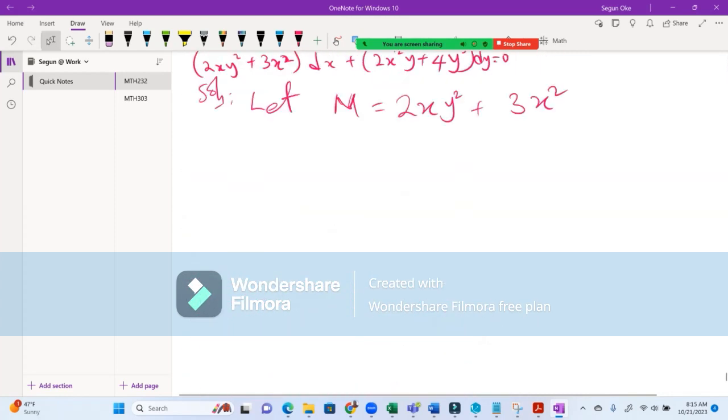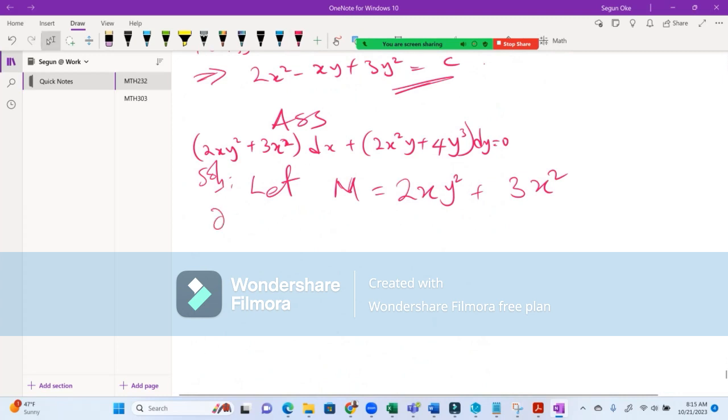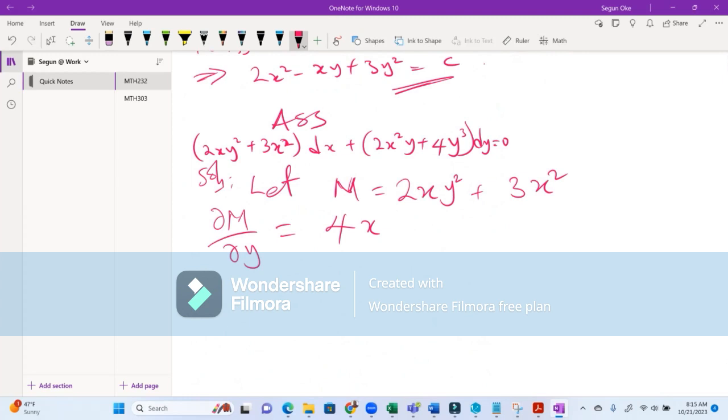So anytime I have M, dM/dy will equal, let's differentiate this with respect to y. What do we have? We have 4xy. Do you agree with me? Yes. Then our N will be 2x squared y plus 4y cubed.